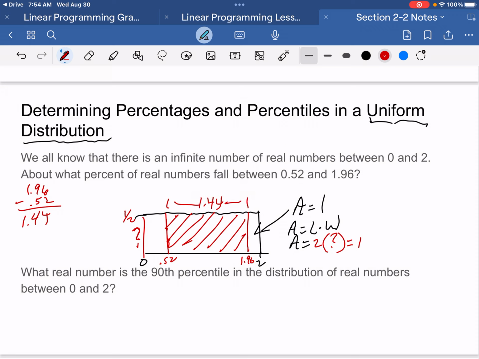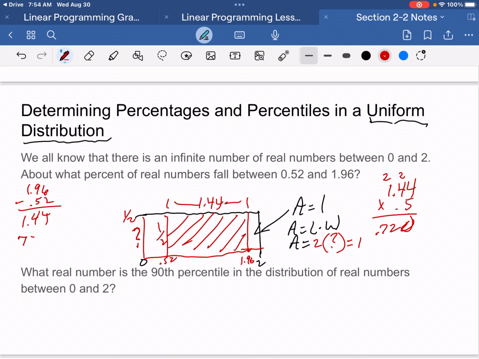So the distance from here to here is 1.44. Well, this height is still a half. So then, isn't the area shaded in red 1.44 times a half? So that would be 0.72.